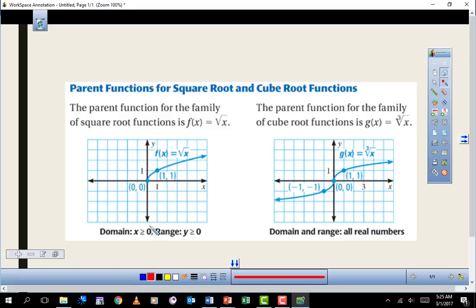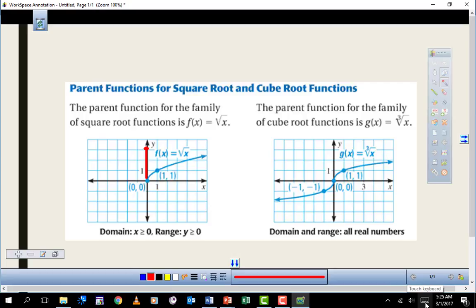So this graph also has what we call a range, which is talking about the y values. And in this case, the range is all this stuff from this point on up this way. So there's a range also, y greater than or equal to 0. And on some of these problems, we're going to start talking about the domain and the range.